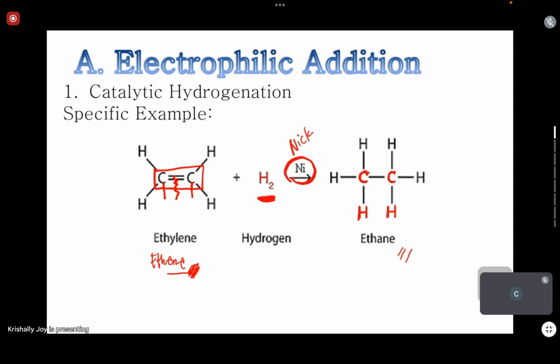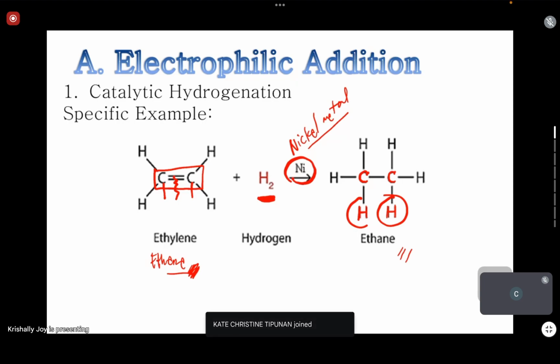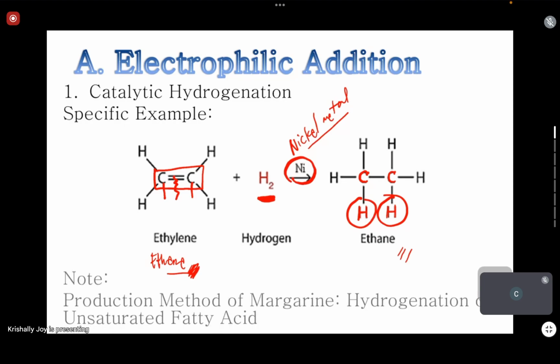What's the catalyst? It's the nickel metal. Again, ang catalyst is only used to facilitate the chemical reaction for the reaction to proceed. Okay? It is not added as electrophile. Hindi yan mga electrophile. Magfa-facilitate lang sila, parang facilitator lang sila para successfully mag-happen yung reaction.